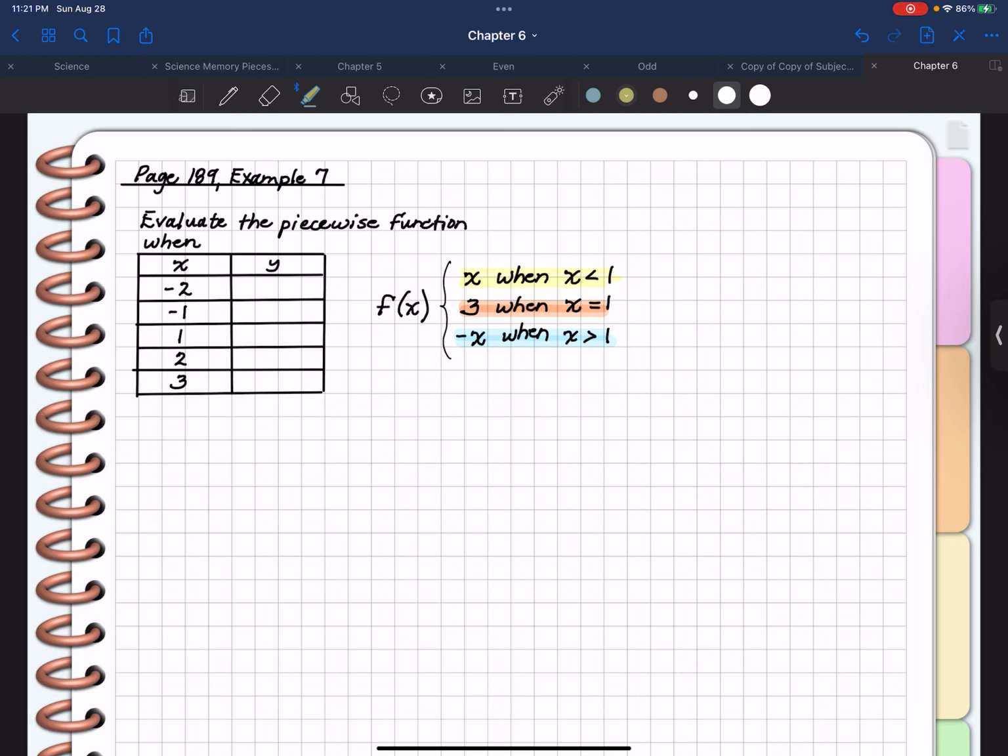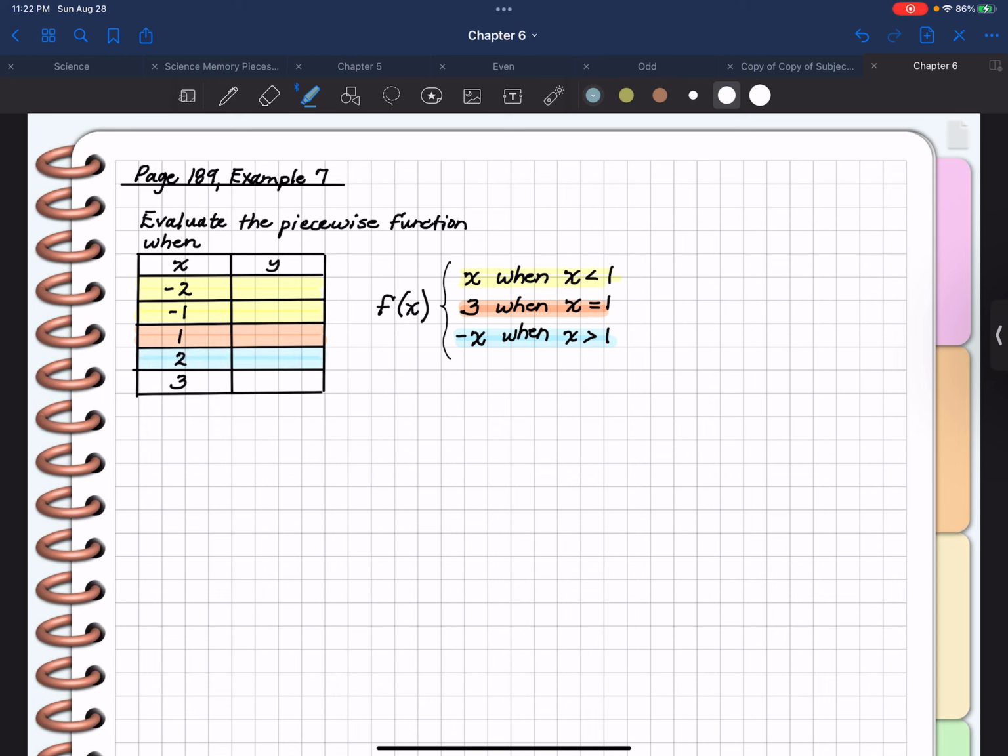The first value of x is -2. So -2 is less than 1. This is going to be the yellow function. -1 is less than 1, so this is going to be the yellow function. 1 is exactly 1, so this will be the orange function. 2 is greater than 1, so this will be the blue function.